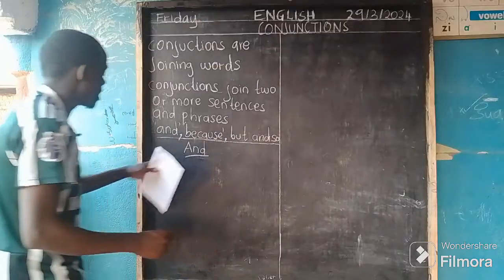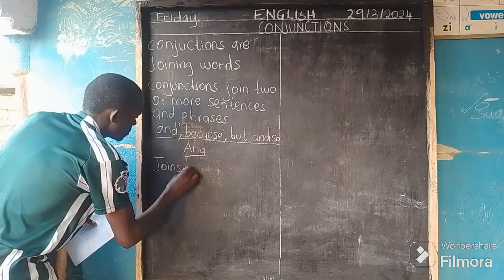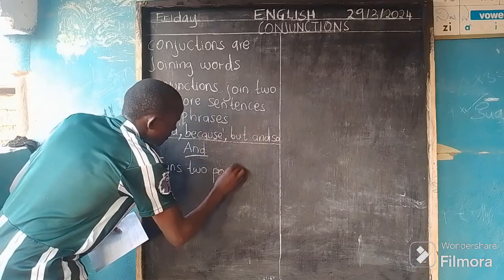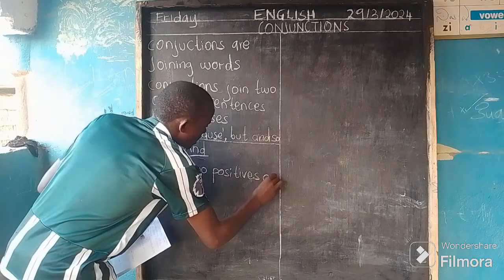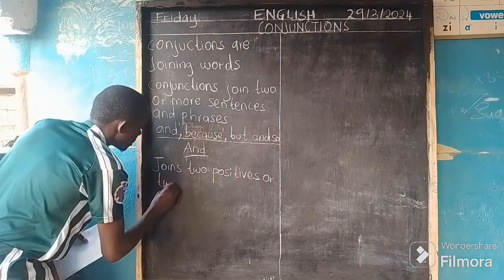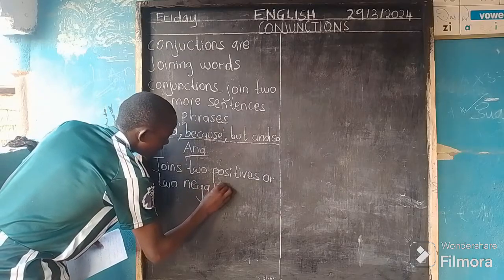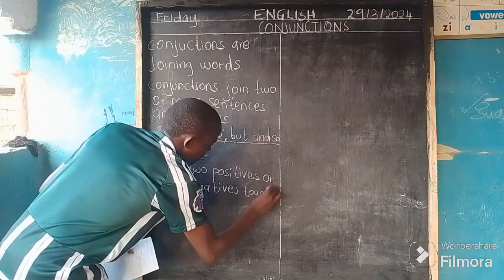So and joins 2 positives or 2 negatives together.